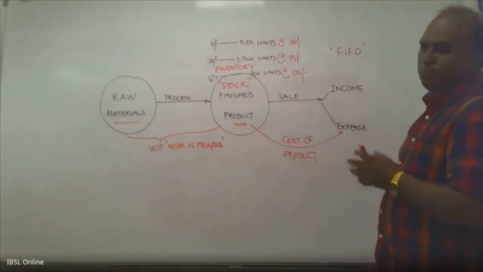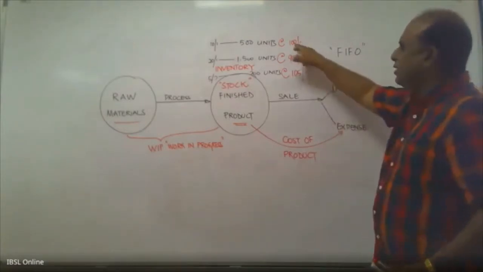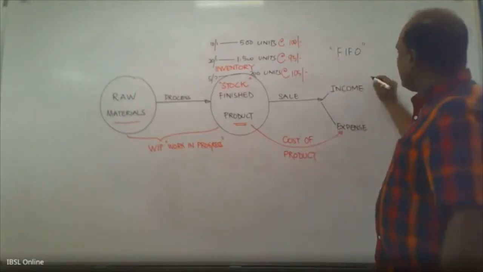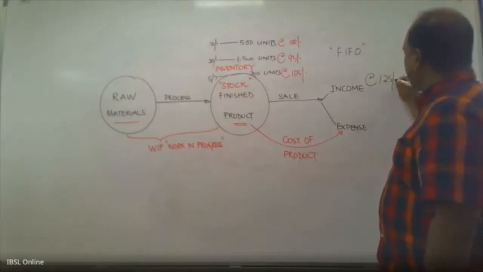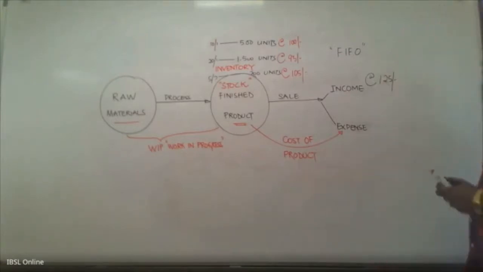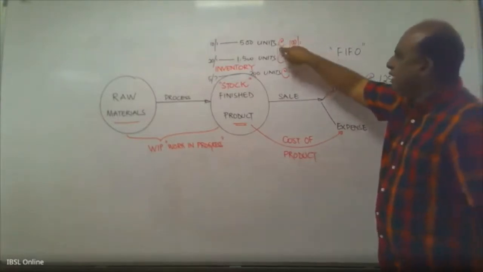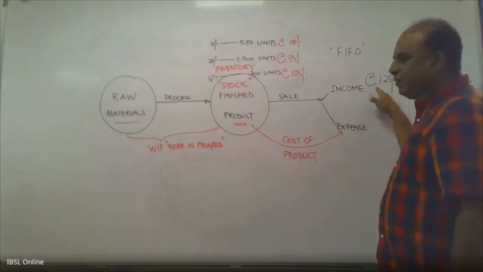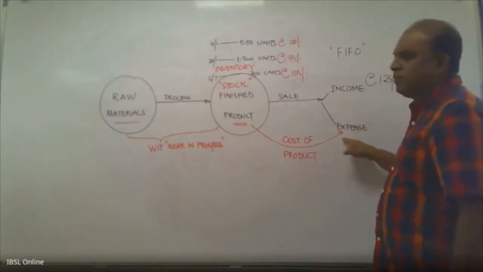So if I sell that 500 units, let's say the cost of the product is 100. So I am going to sell each unit at 125 rupees. So what do you mean by that? Every time when I sell out of these 500 units, I will recognize an income of 125. I will recognize an expense of 100 rupees.